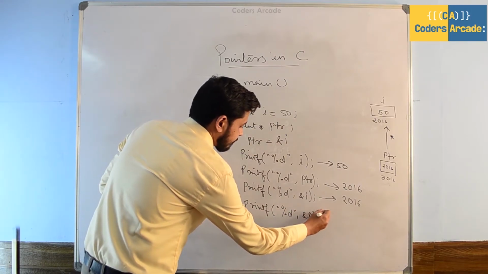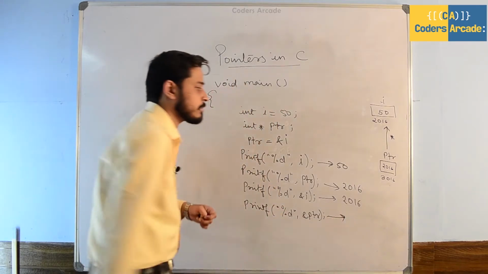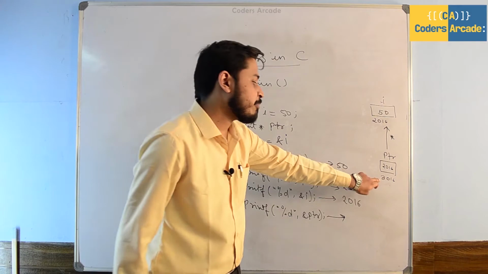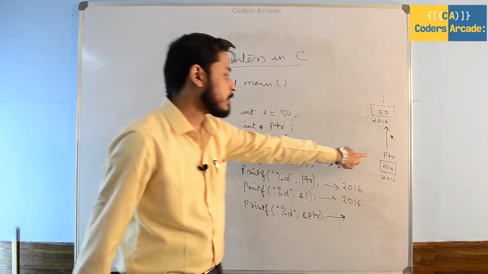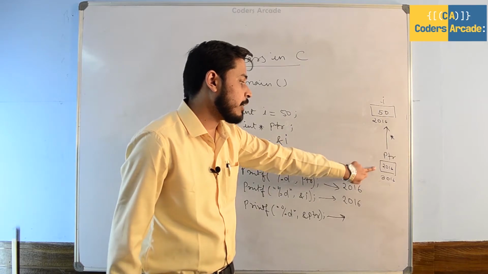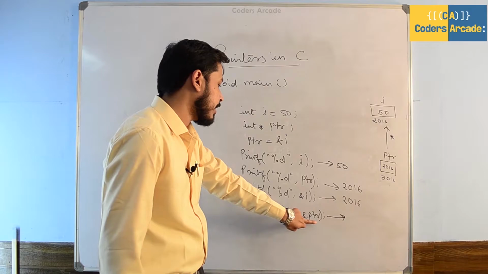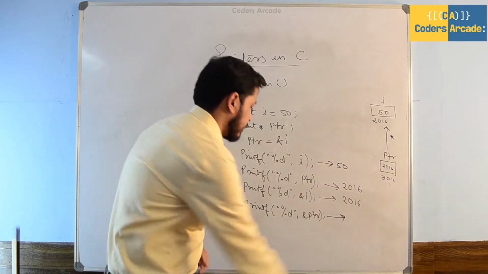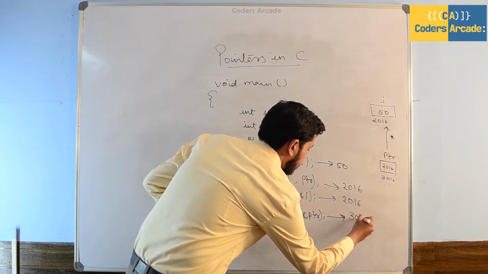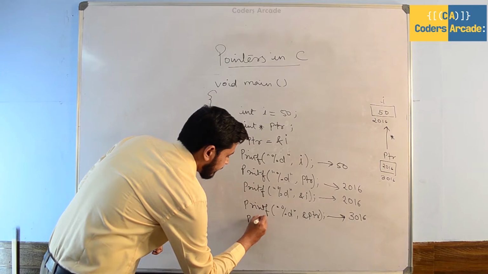What will be the address of ptr? The address of ptr will be 3016, right? Because this is the ptr value, 2016. What is the address of this ptr? The address of this ptr is this 3016. So 3016.